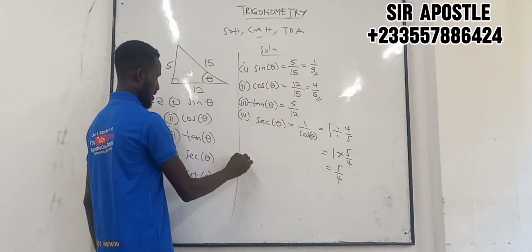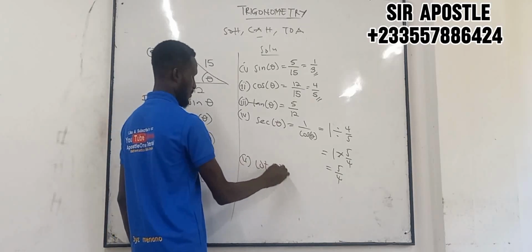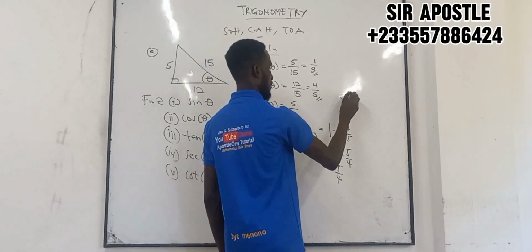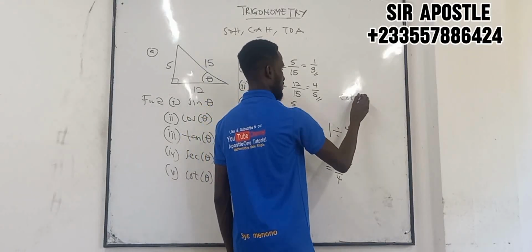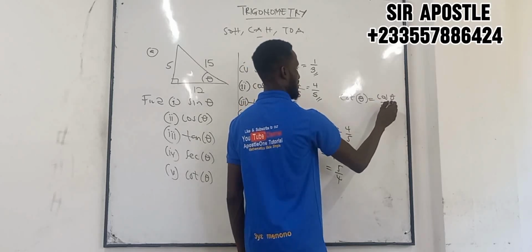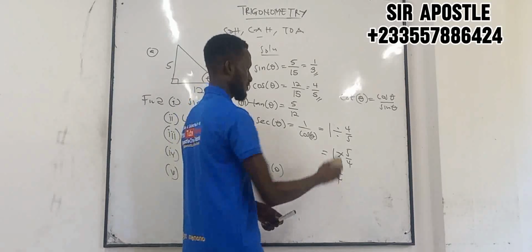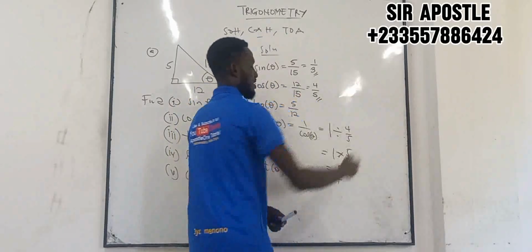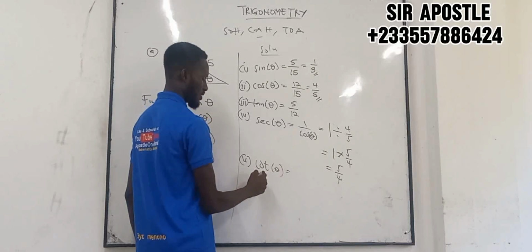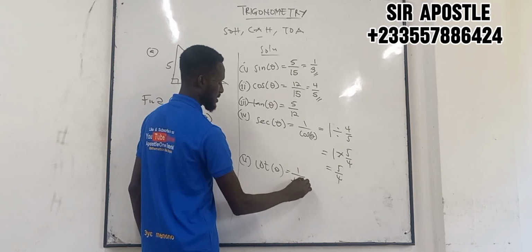Now the last one is when we are supposed to solve for cot theta. Don't forget that previously we said cot theta is the same as what? Cos theta divided by sine theta. Yes, that's the formula we had from our previous deduction. Now we can also apply this. Cot theta is the same as 1 over tan theta.